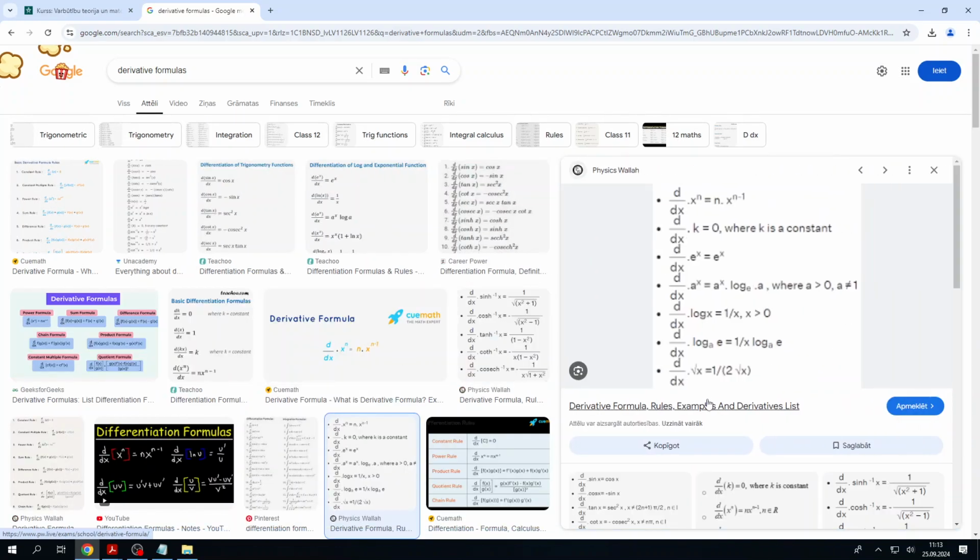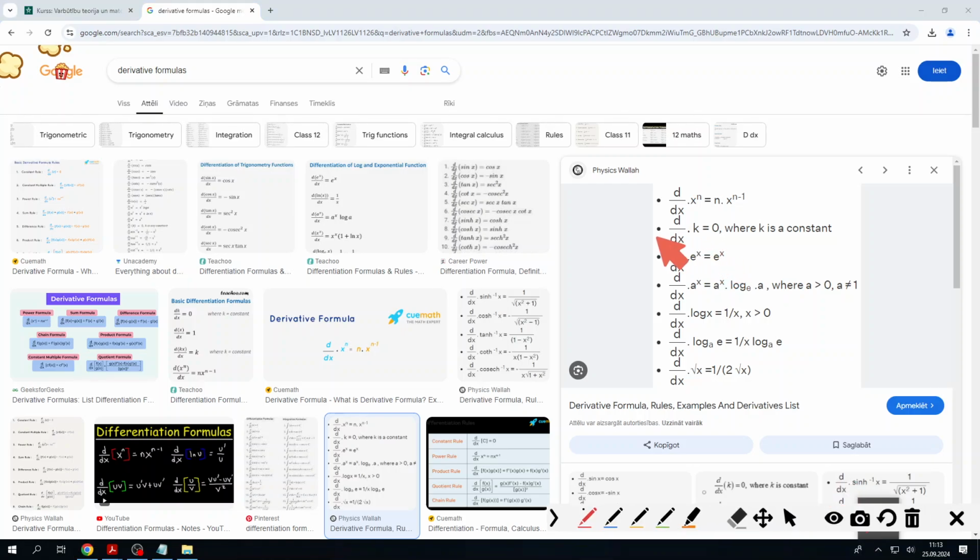Here it is. Yes? So we are going to need, first of all, the power formulas and also the logarithm formulas.